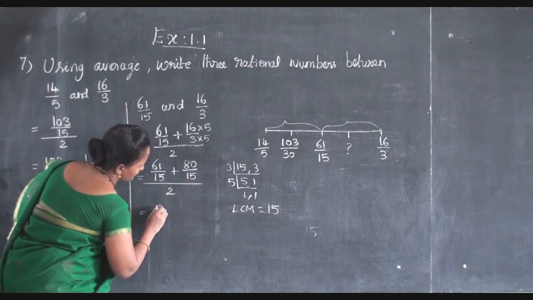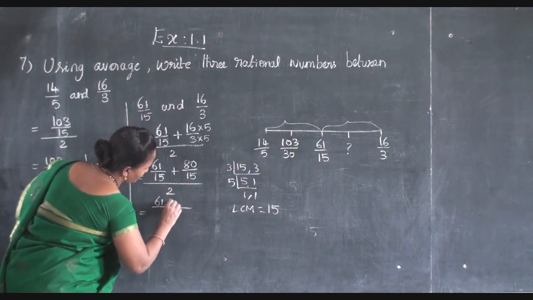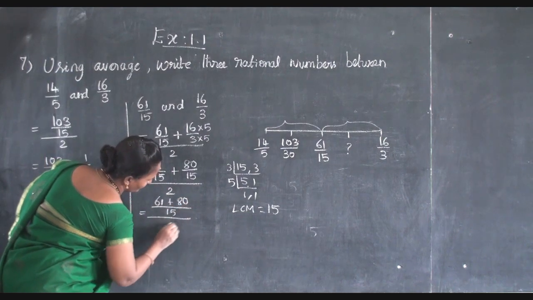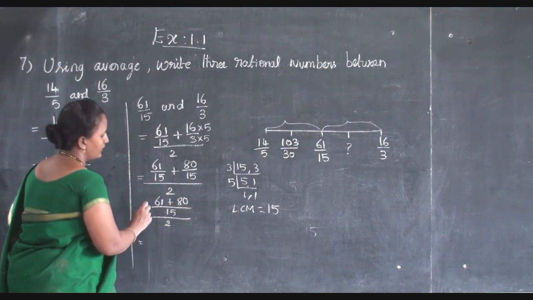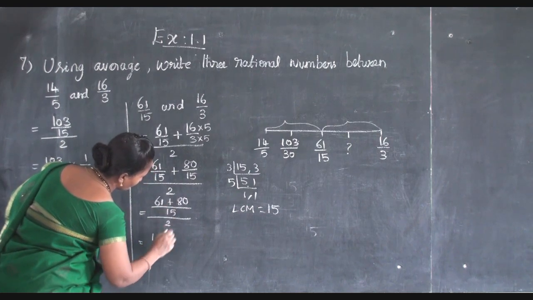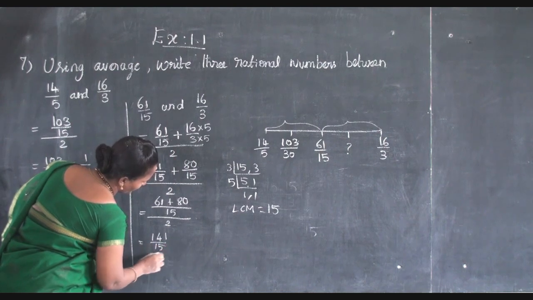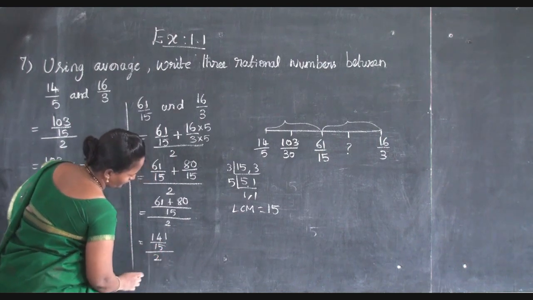Here the denominators are common. Put in common: 61 plus 80, whole divided by 2. Add this number, 61 and 80: 141 divided by 15, whole divided by 2.